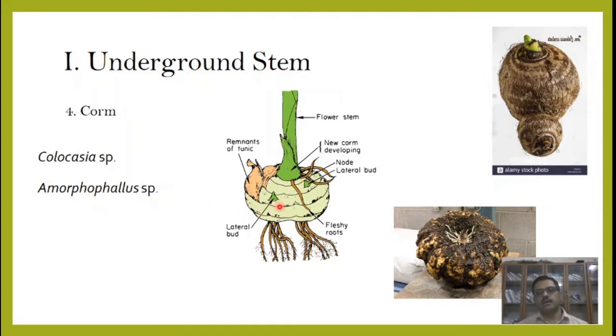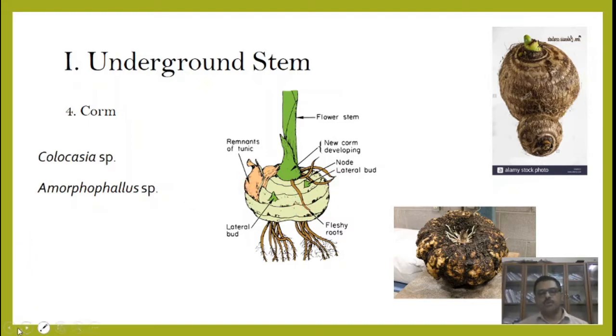Lateral buds can produce leaves and can be used for vegetative propagation of this plant. The examples are those of Colocasia and Amorphophallus. In Colocasia as well as in Amorphophallus, we find these massive underground stems called the corms.